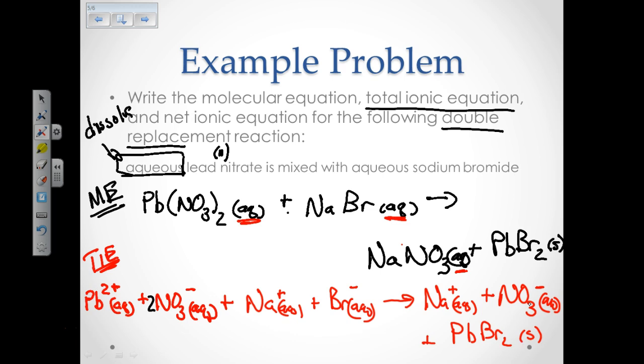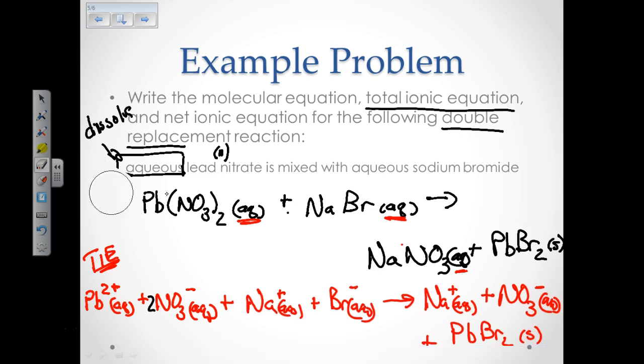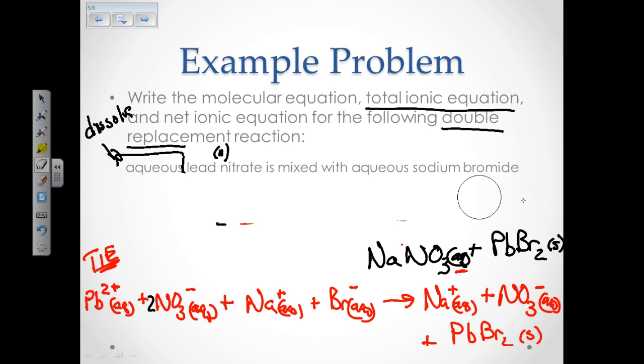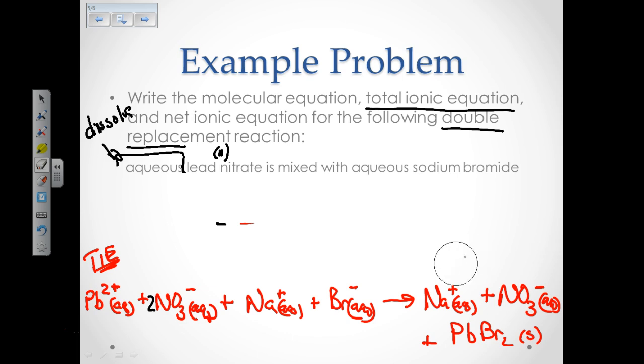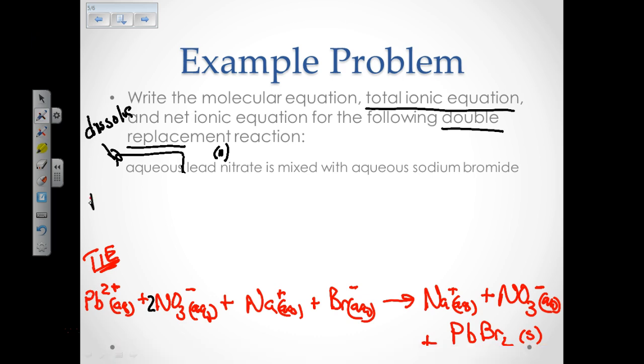Now we want to write the net ionic equation, so I'm going to erase this here. Writing a net ionic equation is actually pretty straightforward once you have the total ionic. We cancel out anything that's the same.